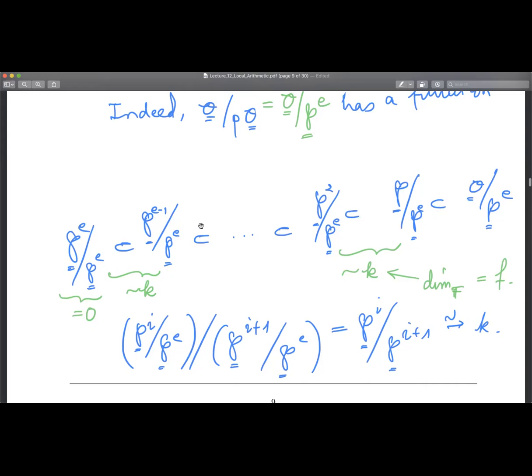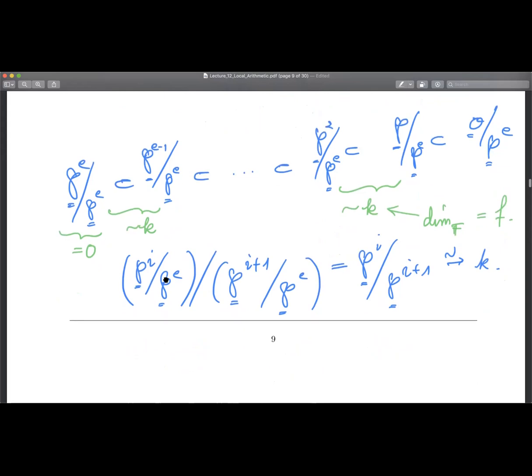All these inclusions here, here it's written p^i O modulo p^e O, p^(i+1) O modulo p^e O. That's obviously isomorphic to p^i O modulo p^(i+1) O, and that we have seen is isomorphic to K as an F_p vector space.